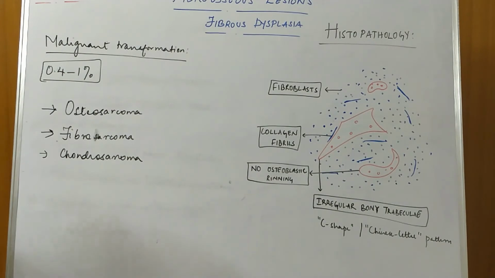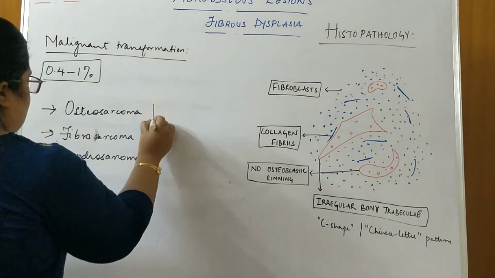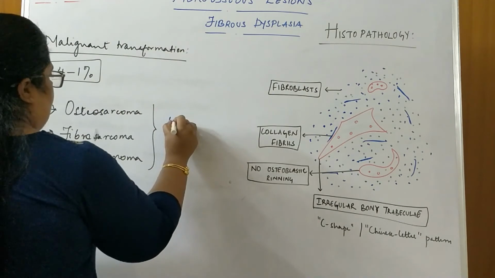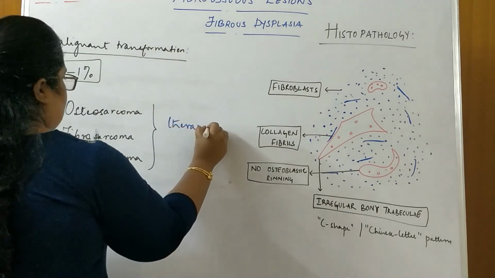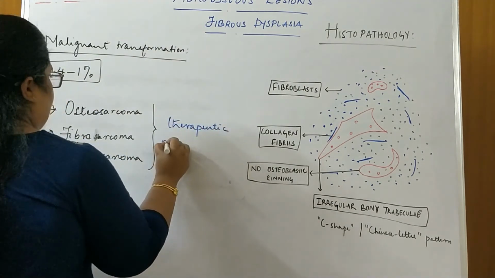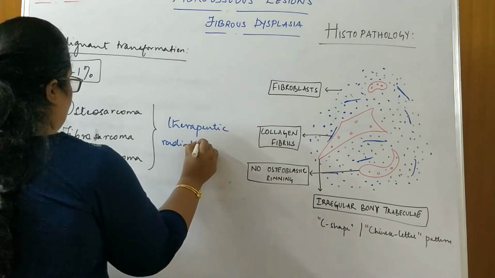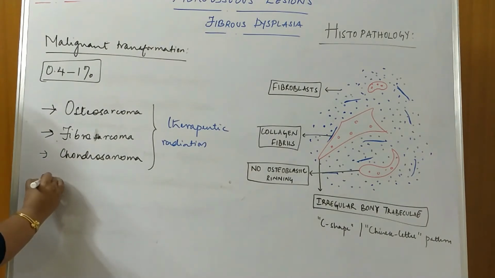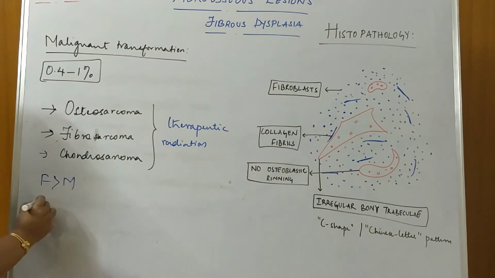One important thing to remember here is that most of this malignant transformation occurs because of therapeutic radiation. So the radiation that is taken as part of the treatment for fibrous dysplasia can sometimes cause the malignant transformation. Interestingly, it is found that females are more commonly affected than males.